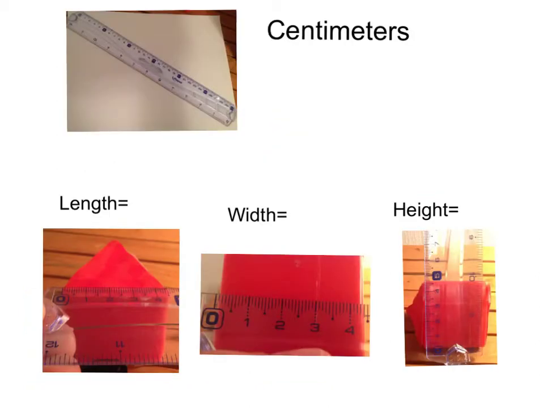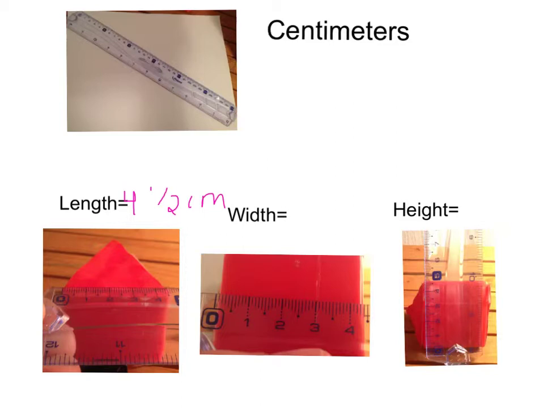Okay, so I measured my length, width, and height in centimeters using a ruler. My length was the first measurement that I found out, and it came out to be 4.5 centimeters.